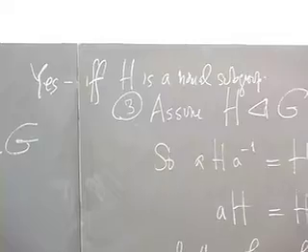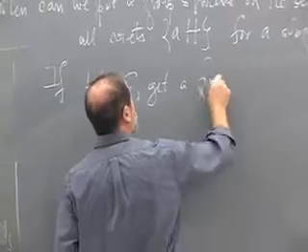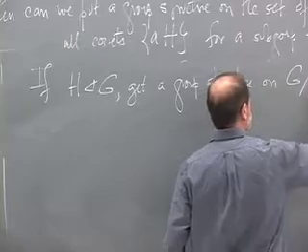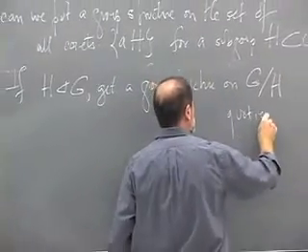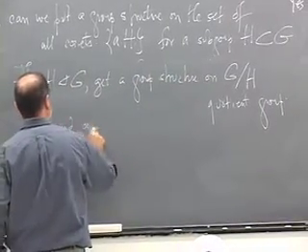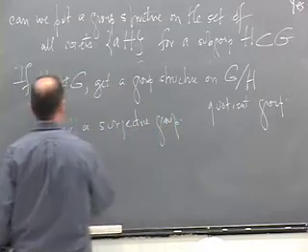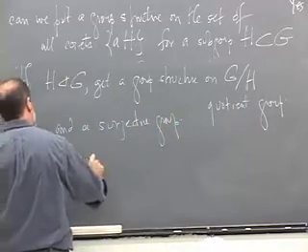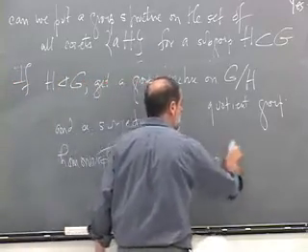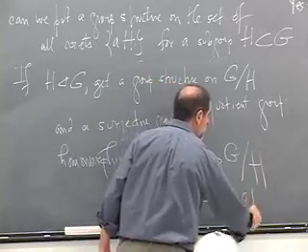So, if H is normal in G, we get a group structure on G mod H, the quotient group, and a surjective group homomorphism, f from G to G mod H, that takes the element a into its coset.